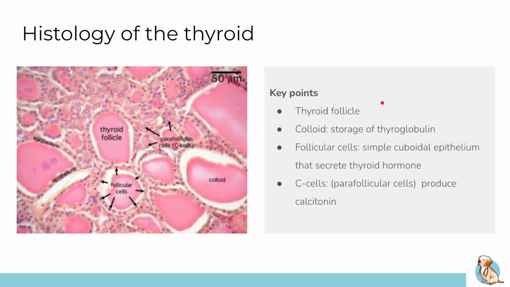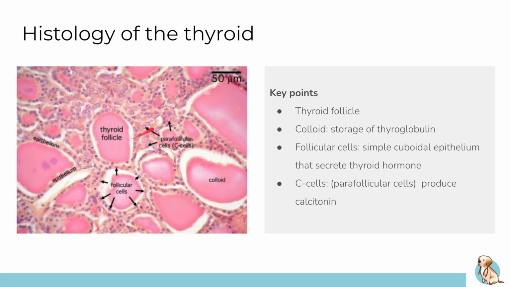Let's talk about thyroid gland histology. So we have these follicles here, and these follicles are comprised of colloid and follicular cells. Colloid is this central storage area here where thyroglobulin is stored, and the follicular cells around it are simple cuboidal, and this is where T3 and T4 are secreted.